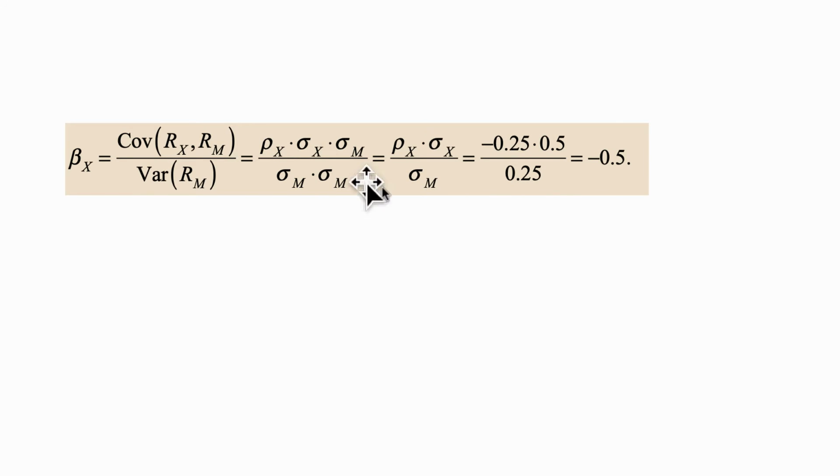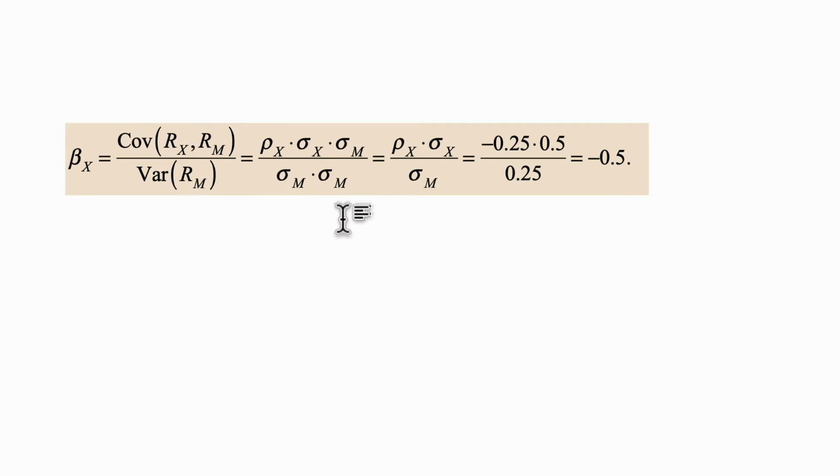That covariance can be written as the correlation coefficient of X with the market times the standard deviation of the rate of return of X times the standard deviation of the market, over the variance of Rm, which is sigma m times sigma m.